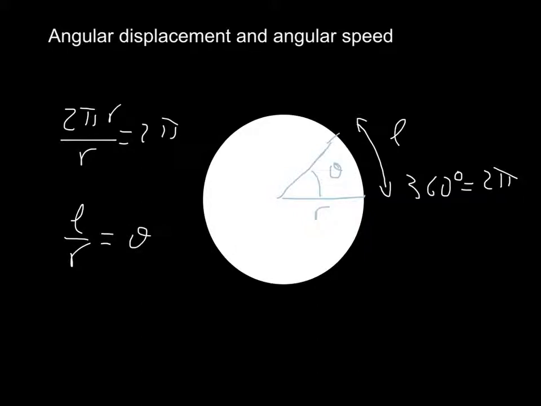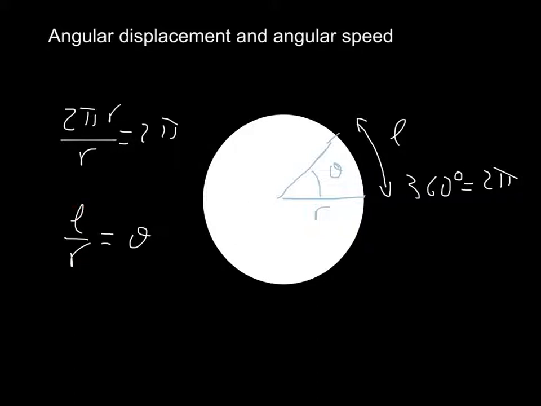So the angle in radians is nothing but the proportion between the length of the arc and the radius. When the length of the arc is the whole circumference, we get 2 pi. When the length of the arc is half a circumference, we get pi. When the length of the arc is L, we get L over r. So radians are the natural angle unit because they really help us to relate the properties of the circumference to the angles that we're following, and also because this is a ratio.